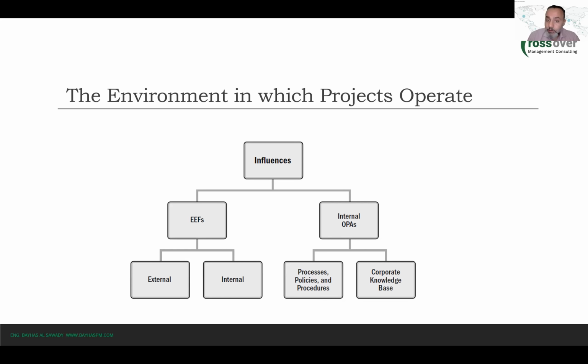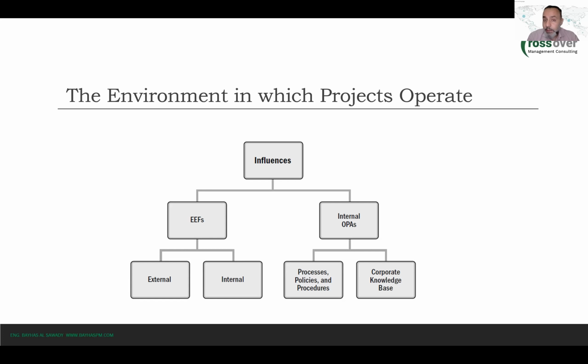So following those processes, policies, and procedures will help you plan for your project correctly, and will help you execute your project correctly, and will help you avoid any mistakes that have been easily made, probably by other people before you in the organization, okay?